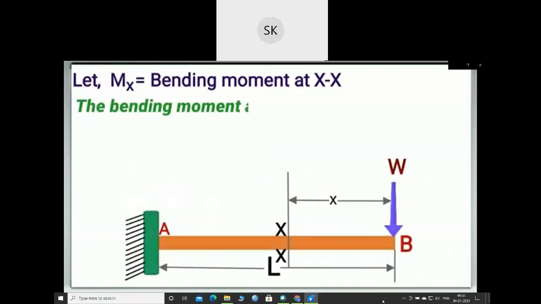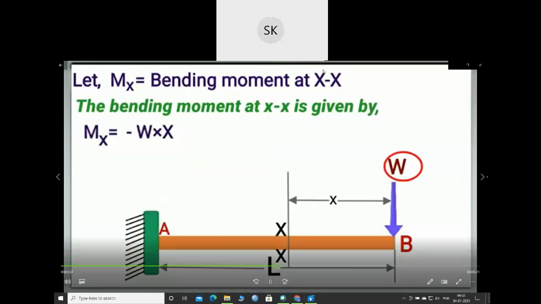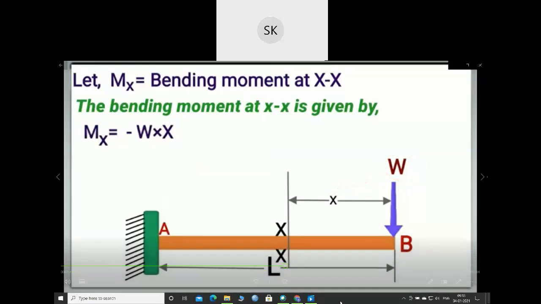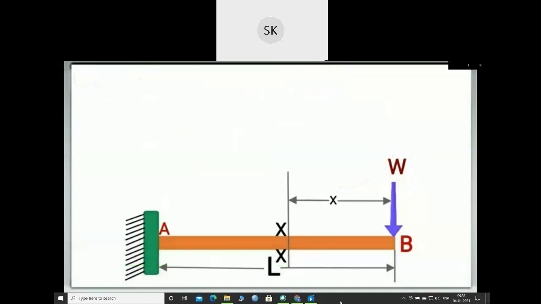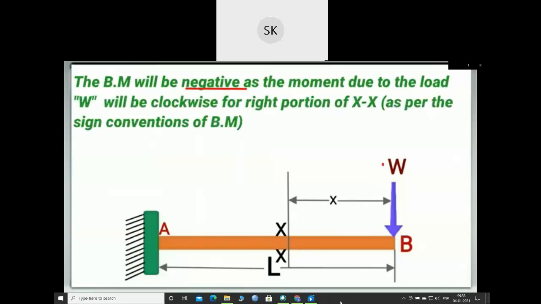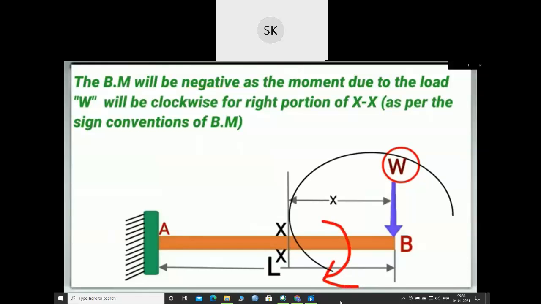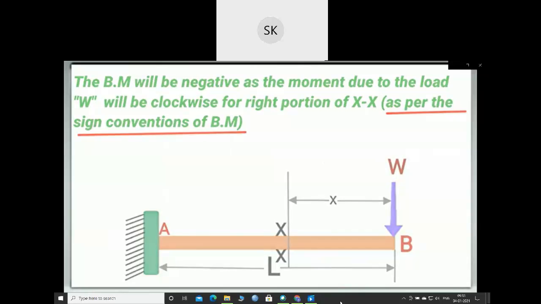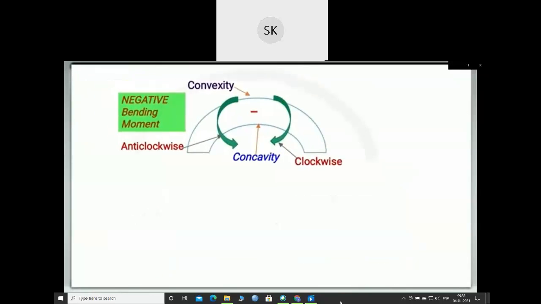The bending moment at XX will be given by Mx equal to minus this point load W into this distance x from section XX to this point load W. The bending moment will be negative as the moment due to load W will be clockwise for the right portion of this section XX, as per the sign conventions of bending moment, according to which the beam will bend in a way that convexity will be at the top.